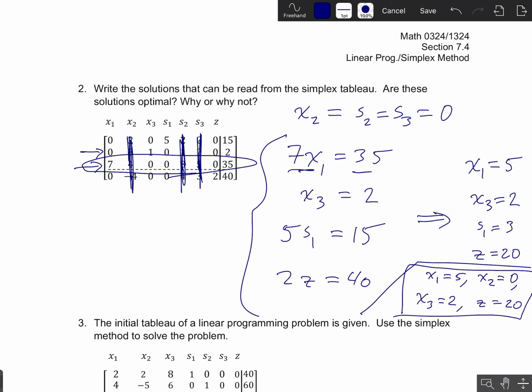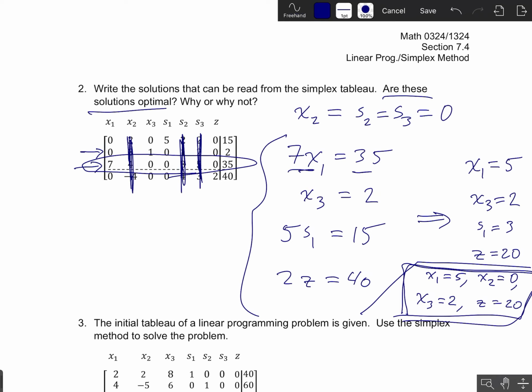We normally don't include the slack variables unless we especially need to. That's because we basically invented the slack variables just in order to be able to solve the problem this way. So the only variables that have meaning in terms of the original problem are the variables that you started with, x1, x2, x3, and then z, which is what we're trying to optimize.